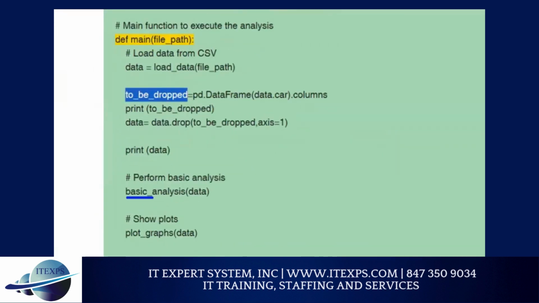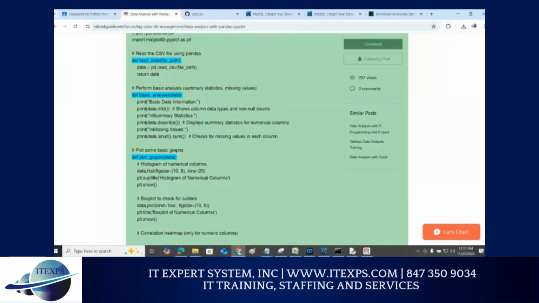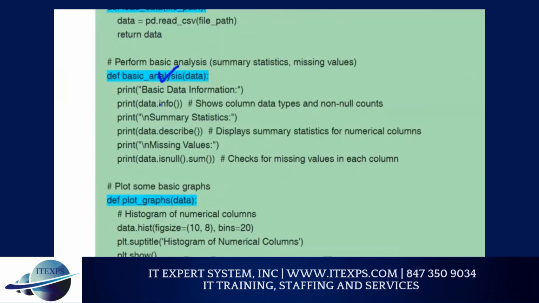So you're saying perform basic analysis. Now this is the function, and you're passing the data frame. Basic analysis is here. Whatever data you give, first I'm going to do info, which will show you the columns, data types, and non-null count.